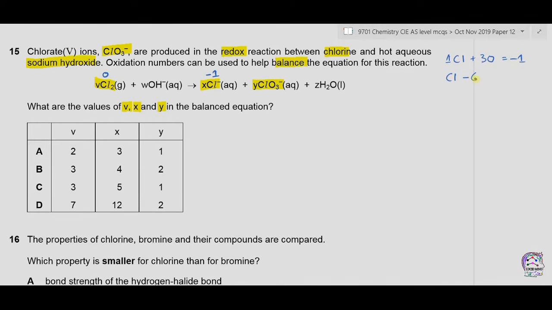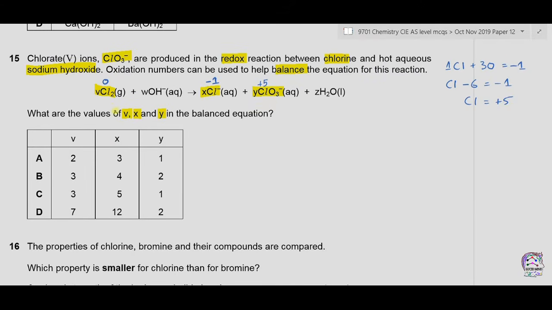So for 3 it will be -6 and Cl will become +5. So it is +5 in ClO3. We have to find values of V Cl2, X Cl negative and Y ClO3 negative.